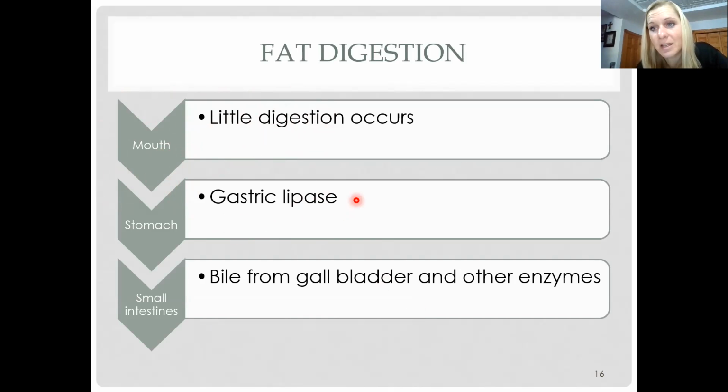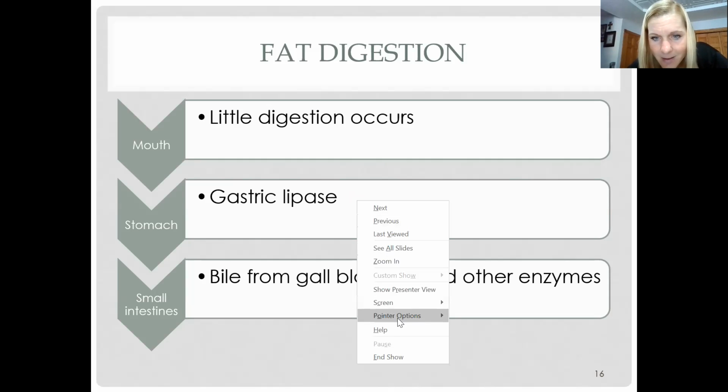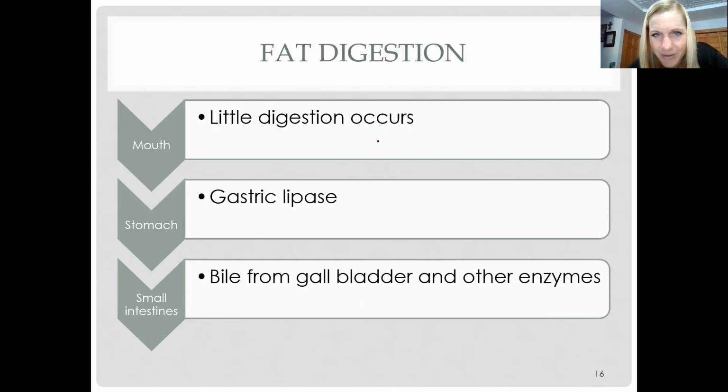Gastric lipase is going to begin the breakdown of the triglycerides into free fatty acids and a shorter chain. So imagine, with my lovely drawing skills again, here is my triglyceride: a glycerol backbone and those 3 fatty acid tails.